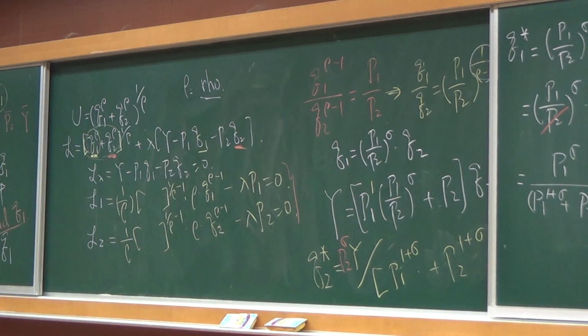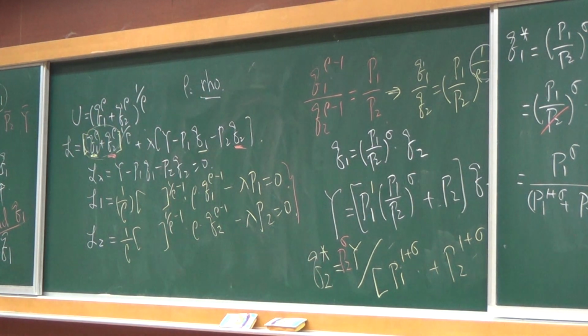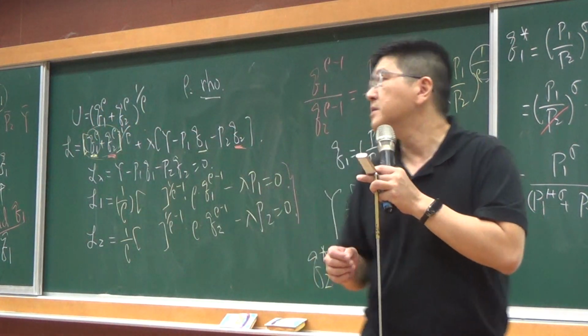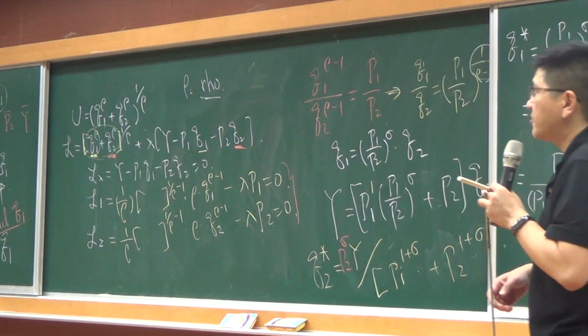So the whole thing is a little bit complicated, but not as difficult as you imagine. Okay? You must trust yourself, believe in yourself that you can do this. You have the ability to solve this kind of problem. Okay? I wish you may be more self-confident on this, or on everything actually.